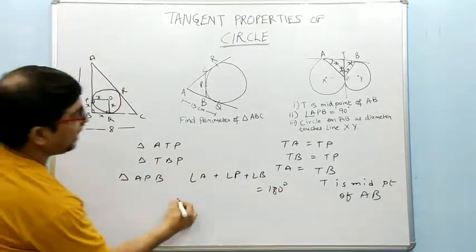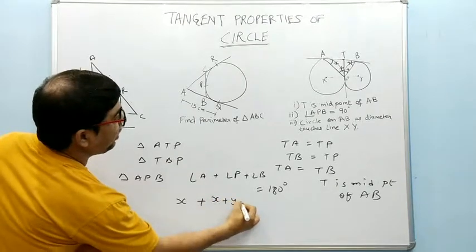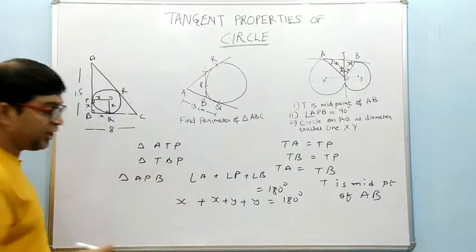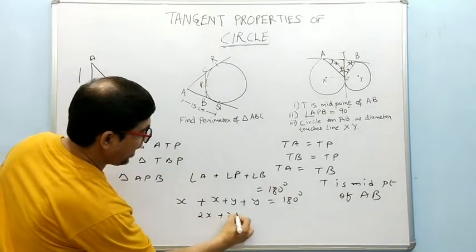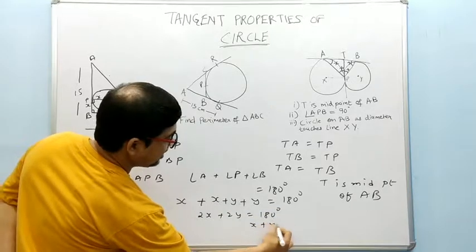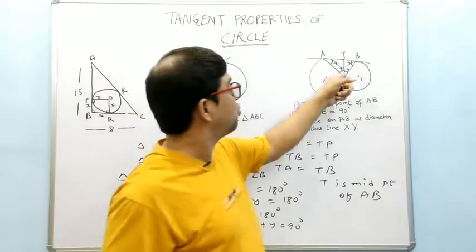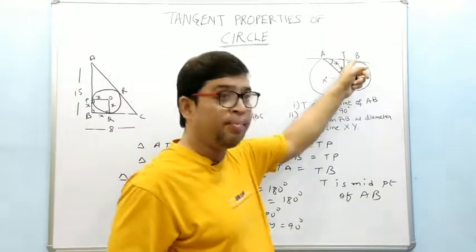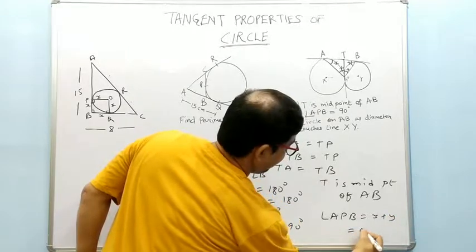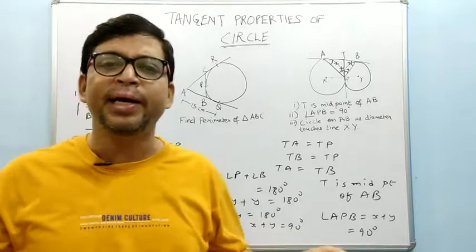So angle A is x, angle P is x plus y, angle B is y, and the sum is 180 degrees. So what are we getting? 2x plus 2y is equal to 180 degrees. So x plus y is 90 degrees. And you know that angle APB is x plus y. So it is equal to 90 degrees. We have proved it by simple application.